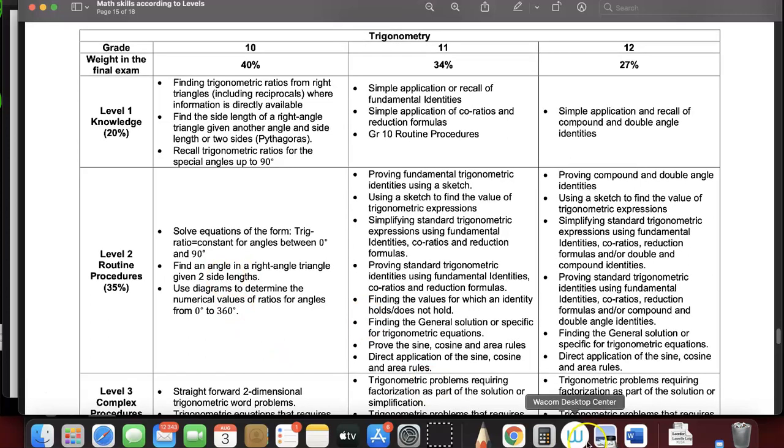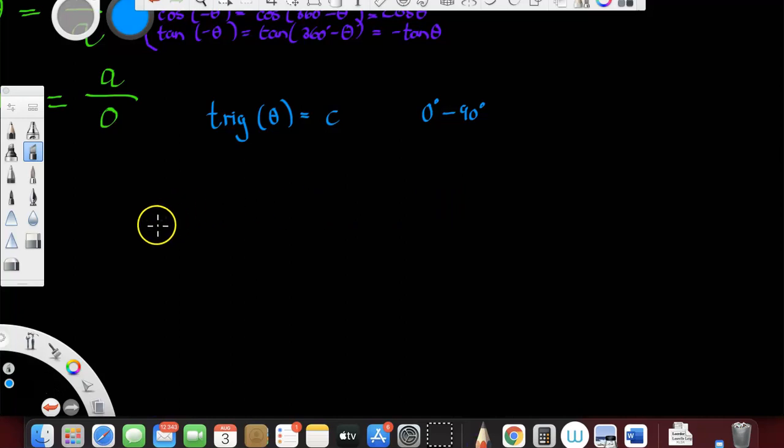Given any two side lengths in a right triangle, here a right triangle with C, A, B, and they ask me for one of these angles. If they give me, let's say, C and B, I should know how to find either of those two angles using trig.